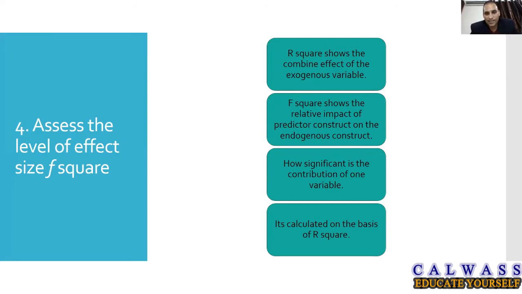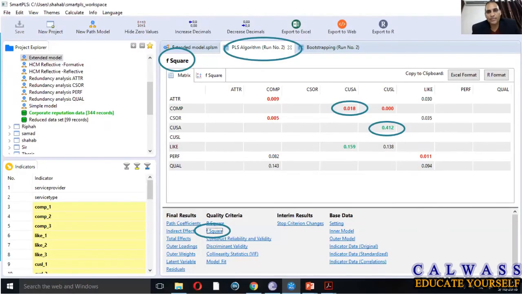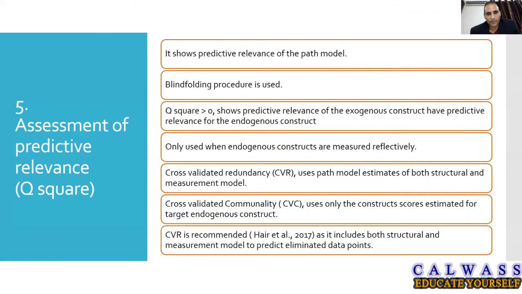So effect size is important in this respect. It tells us individually which variable is more effective or explains more variance, and which variable has a weak relationship. We check through the algorithm, where we get the option of F square, so we can click on that. We can see to what extent our IVs have an effect on the DV.